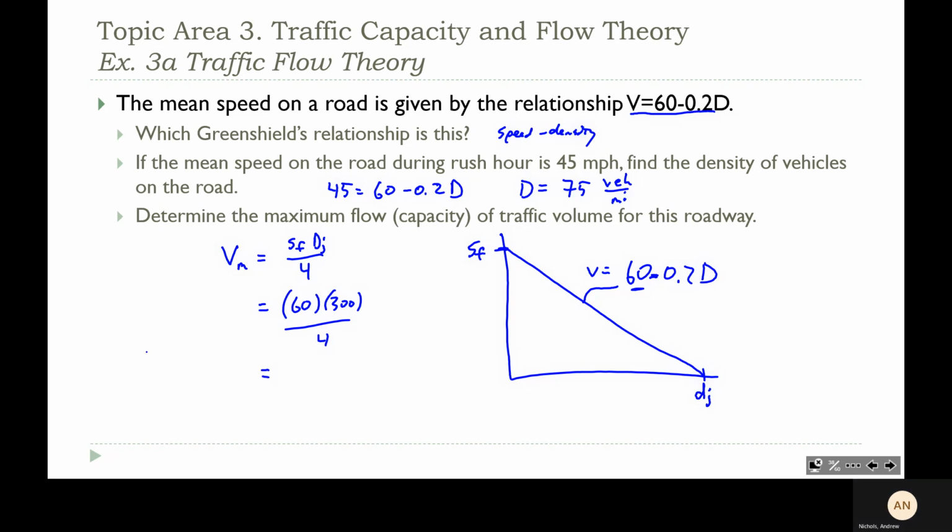Divided by 4. Whatever 18,000 divided by 4 is. 500. So again, the trick there is realizing what relationship it is and just using your math skills to determine what's the intercept, both y and x.